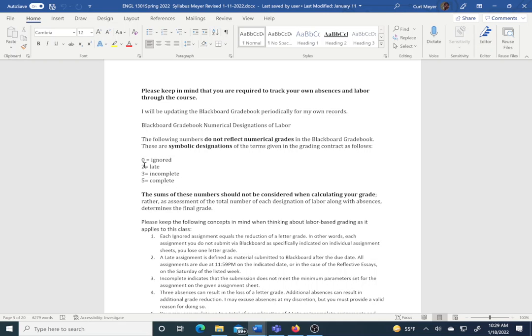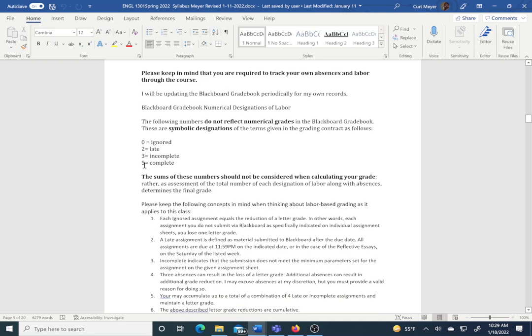There's no easier way to put it, right? Now, a late assignment is defined as an assignment that is turned in after the designated due date. Now, does that mean if the assignment is due at 11:59, and you turned it in at 12:02, that I'm going to count it late? No, that doesn't necessarily mean that. Now, if you turn it in 12 hours later, yeah, probably. Okay.